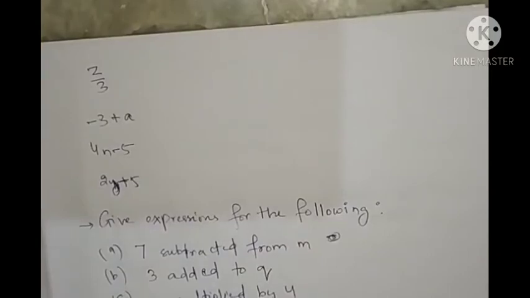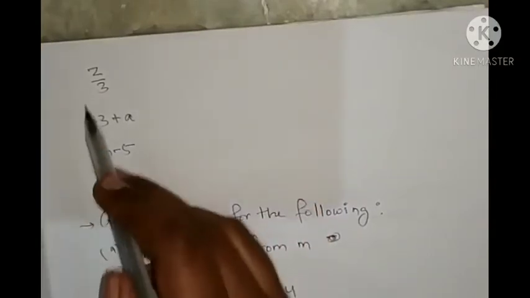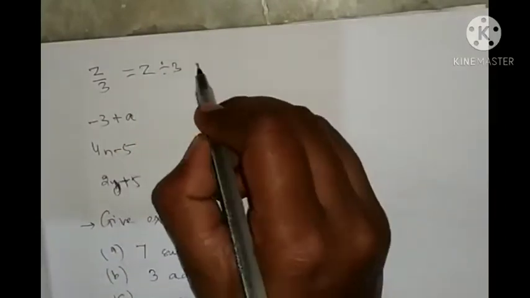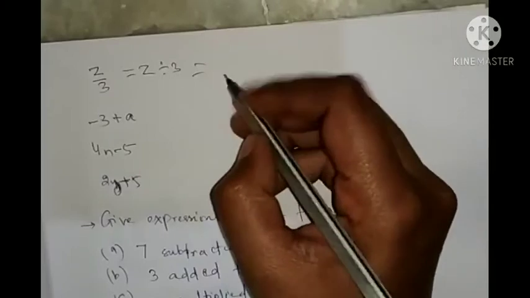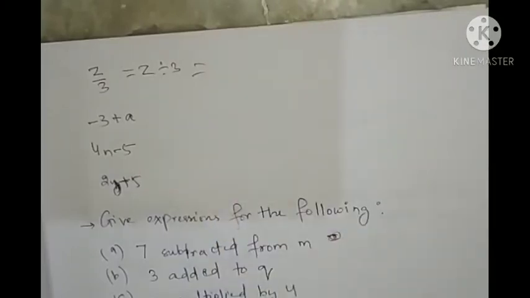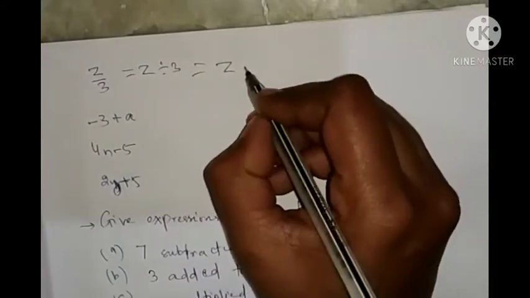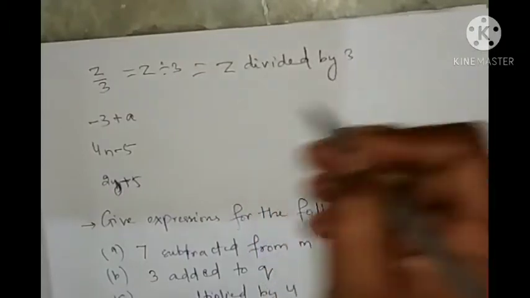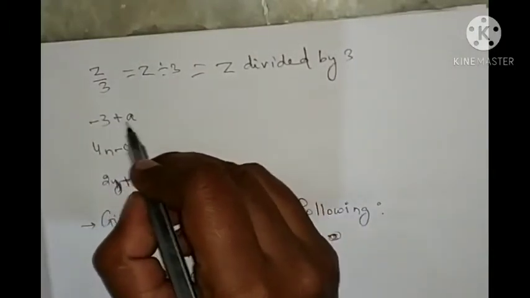Next you will see z by 3. By means division. You can write that z is divided by 3, or you can write z divided by 3. Next, you see minus 3 plus a.